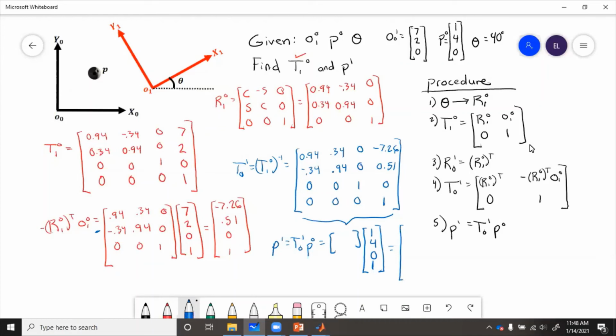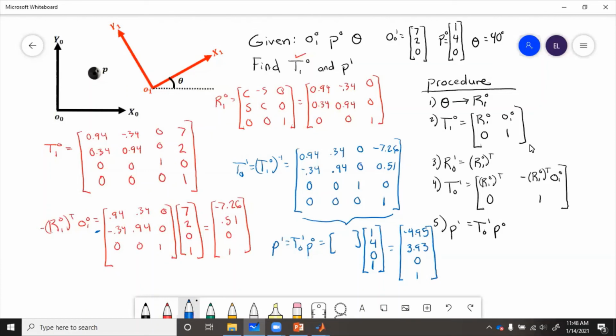So we do this multiplication and we get negative 4.95, 3.93, 0, 1. Okay, now this 1 right here doesn't really mean anything, but we can kind of do a reality check on the final point. So the final point is negative 4.95 in the x.